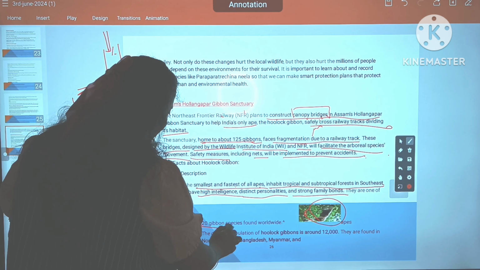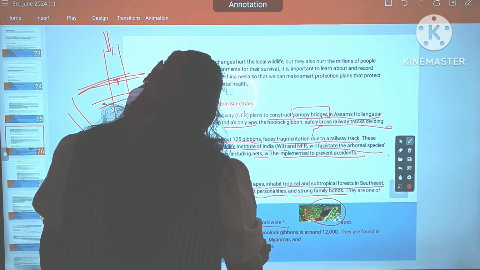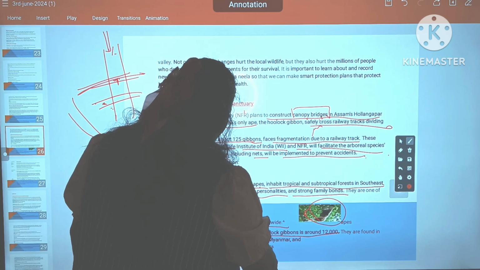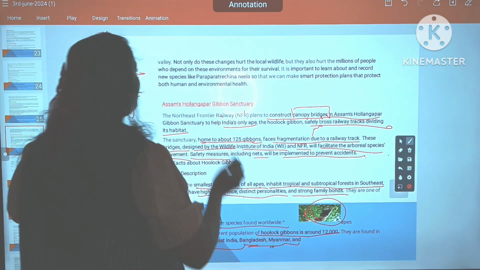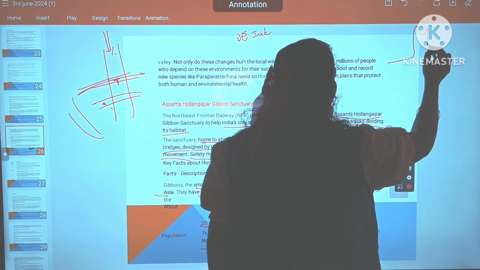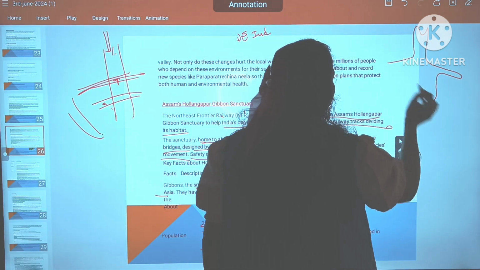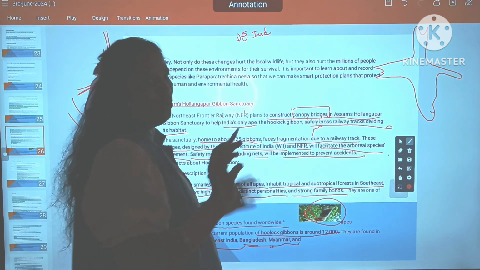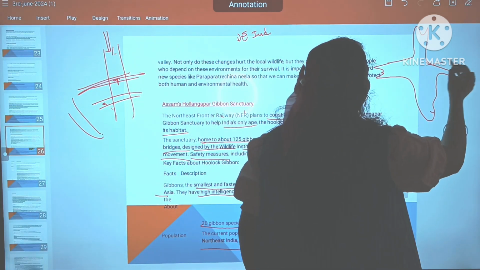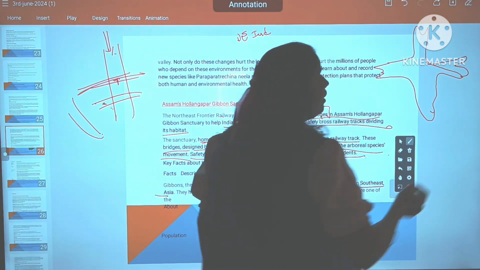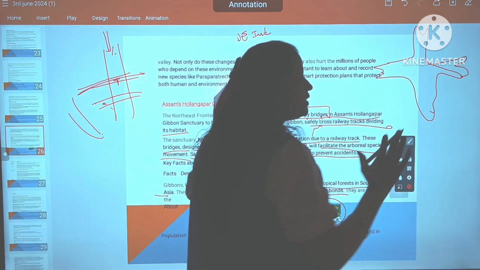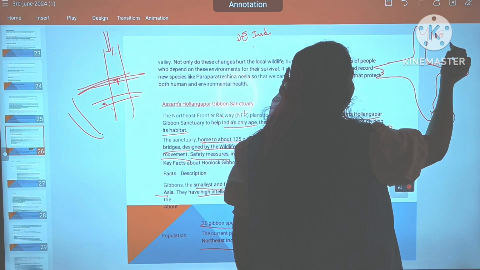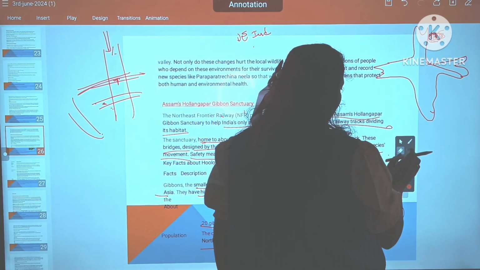20 gibbon species are found worldwide. The current population of hoolock gibbons is 12,000. They are found in Northeast India, Bangladesh, Myanmar. India will be like this. I do not draw perfectly, I know, but just as a reference I am drawing a draft picture. Please adjust with this ugly picture. So Northeast India will be here.